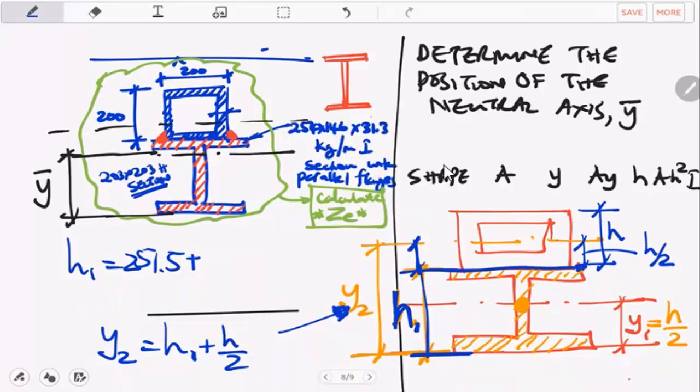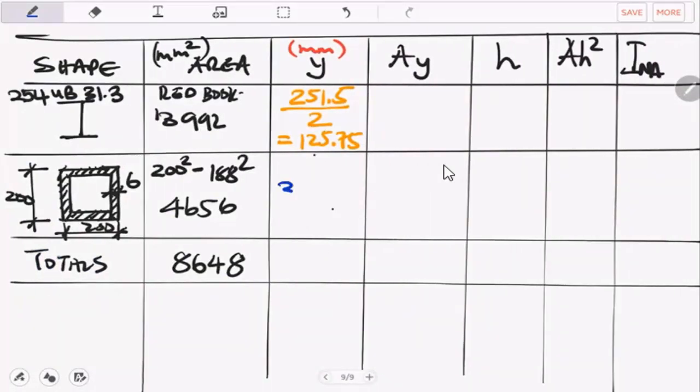From there to there, you can see that we are looking at 200. So it's going to be 200 divided by 2, which then gives you a total of how much? 351.5 millimeters. Is that correct? Yes, sir, it's correct. 351.5, so I write 351.5 millimeters.